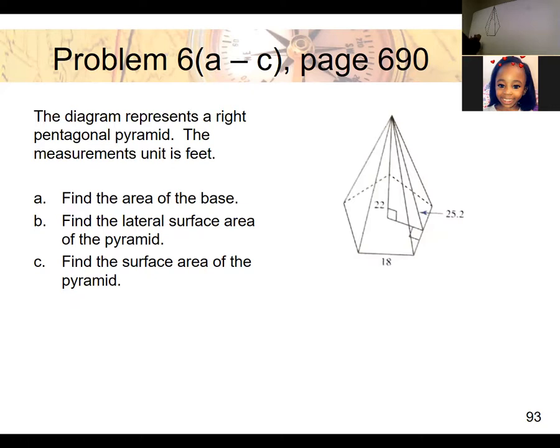I'm going to use a different color for this height. Because we're told the height is 22. And the slant height, let me give you the slant height in green.